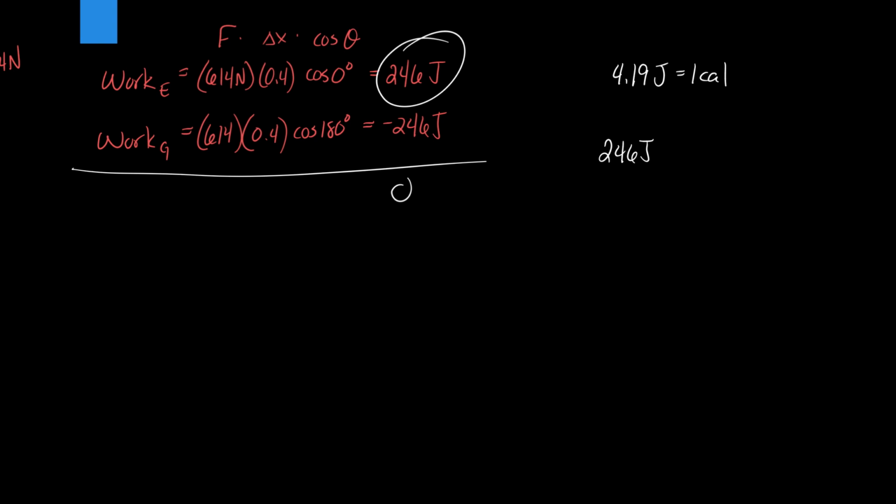Can you divide that by 4.19 and tell me how many calories that was? 58.8 calories. Now, are those food calories? Or are those just those little c calories? So if I want food calories, you have to divide that by 1,000, right? Can you divide that by 1,000? 0.0588? Big C calories, right?